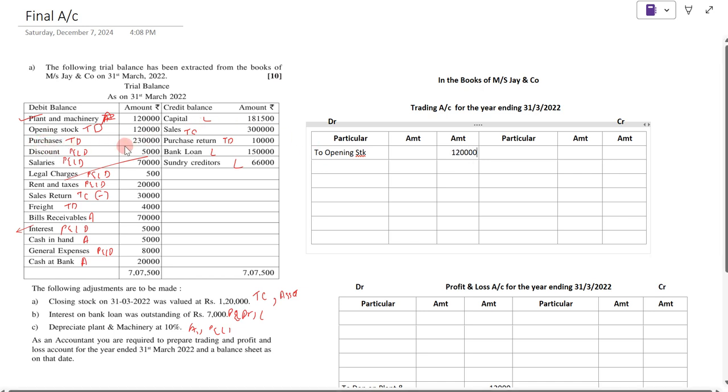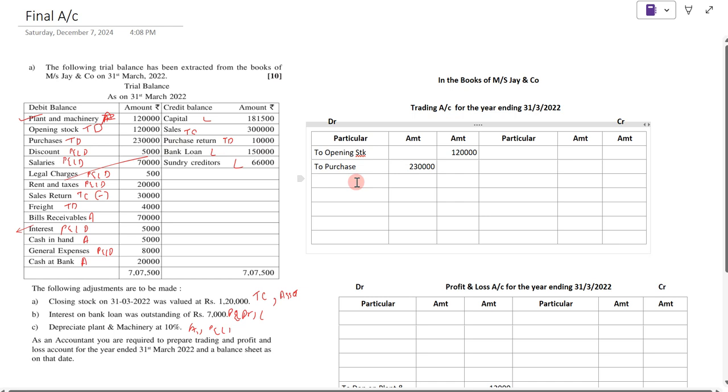Next we have purchase 2,30,000. So it will go in trading account, debit side, to purchase 2,30,000. In purchase we have purchase return, that is of 10,000.